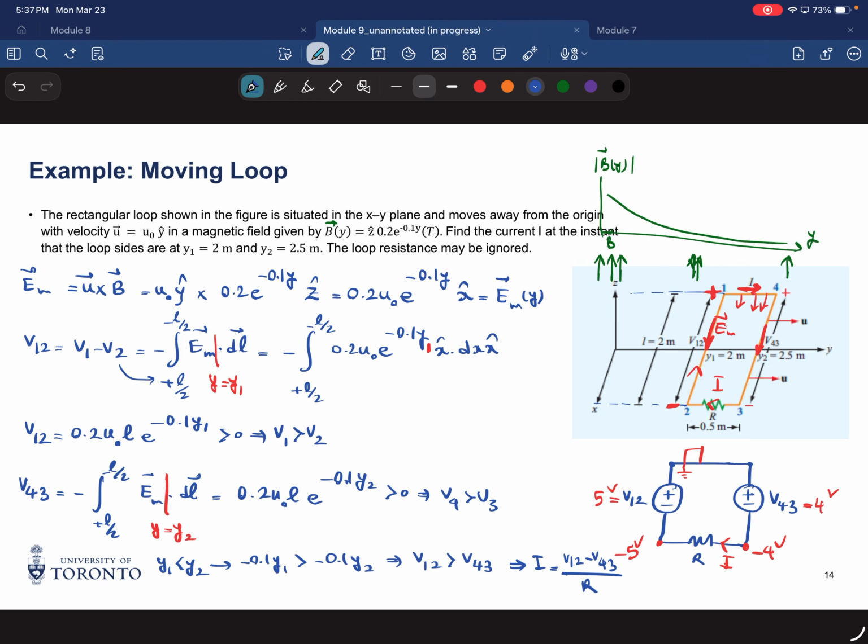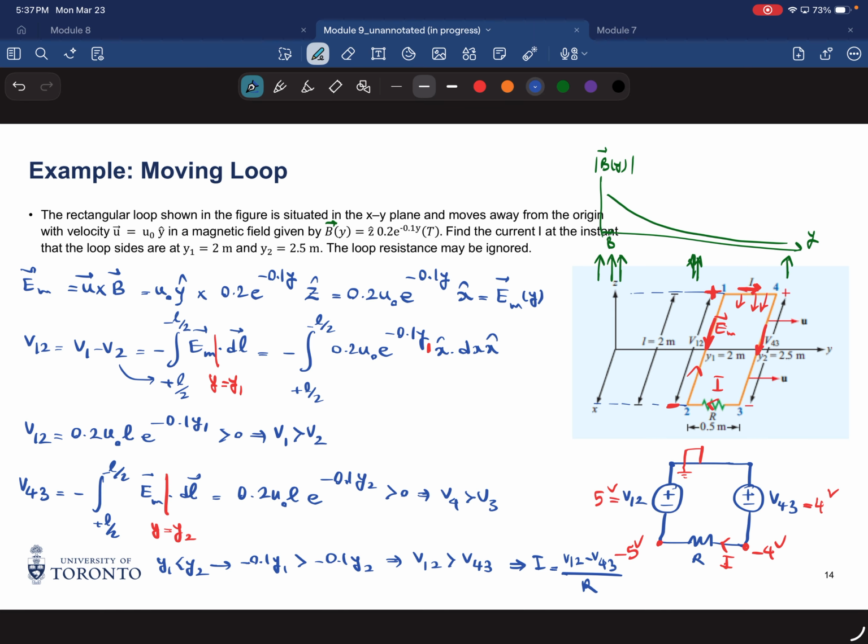Yes? So there's a VM on the horizontal portions of the wire of the loop. You mean from point 1 to 4? From 1 to 2. Yeah, so there's only from 1 to 2 and 4 to 3. Nothing from 1 to 4, if you consider that that part of the wire doesn't have any resistance.